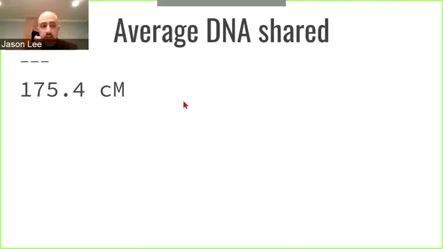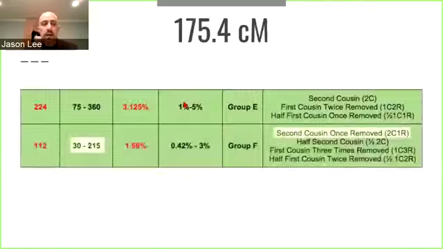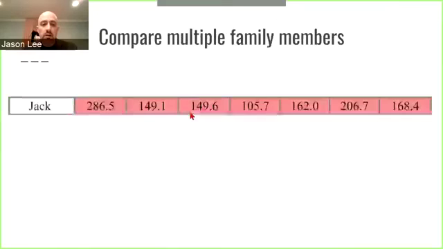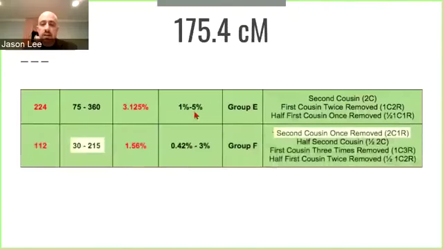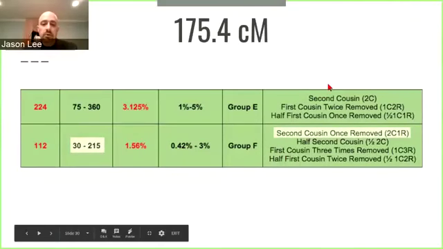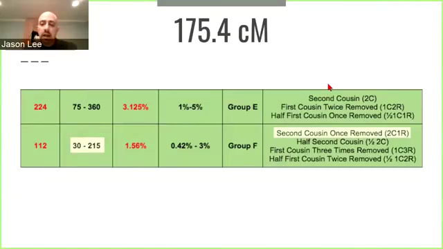But if we take the average of these numbers, we get 175.4, and then if we take that number and go back to our green chart, we see that Group F comes into play, and there we have the second cousin once removed category of possibilities.